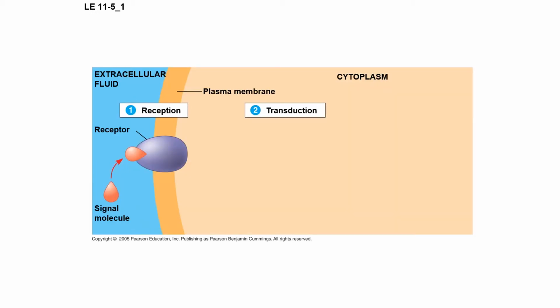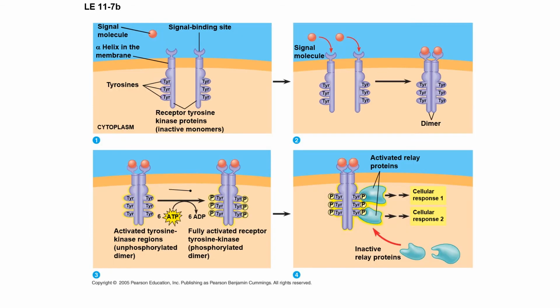So let's break it down. So you have this receptor and this molecule. And that molecule, that's the signal molecule, is called a ligand. It binds to the receptor. And in doing so, there's going to be this cascade effect, called transduction. And so let's take a look at these receptors.